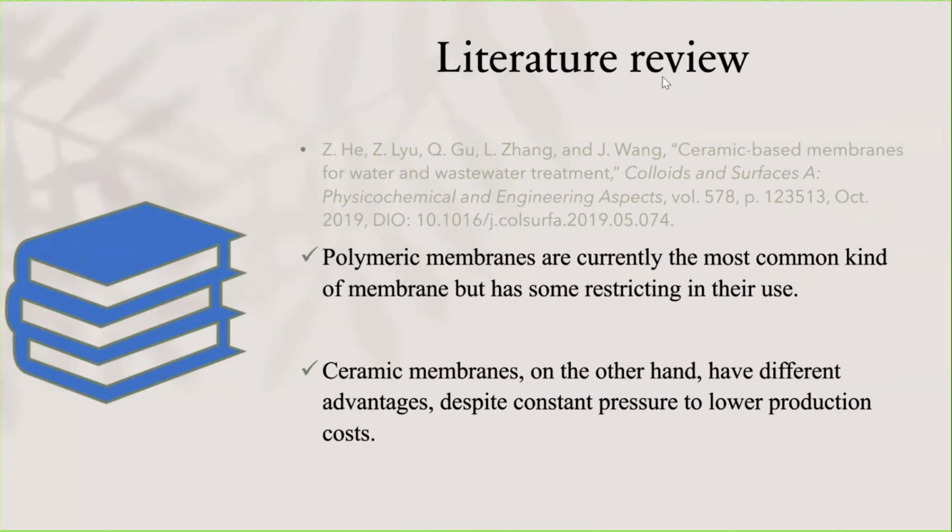They stated that polymer membranes are currently the most common kind of membrane used in wastewater treatment and desalination, but they have some limitations in their use, such as poor long-term stability, easy fouling. On the other hand, ceramic membranes have different advantages like longer stability and lower fouling rate, despite the constant pressure to lower the production cost.